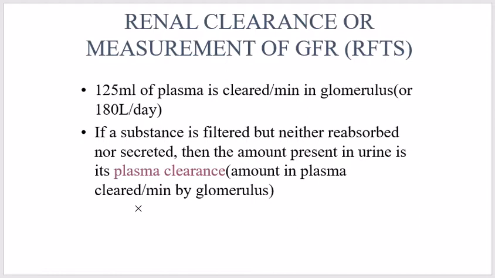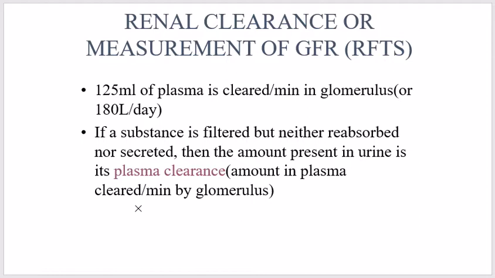If plasma passing through the kidney contains 1 milligram of substance in each milliliter, and if 1 milligram of this substance is also excreted into the urine in each minute, then 1 ml per minute of plasma is cleared of the substance. Thus, the clearance refers to the volume of plasma that would be necessary to supply the amount of substance excreted in the urine per unit of time.